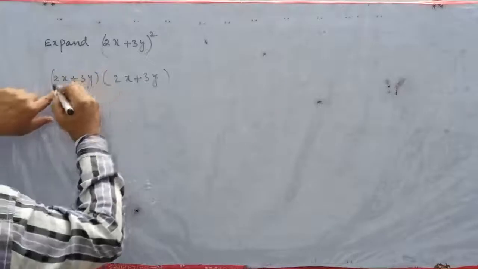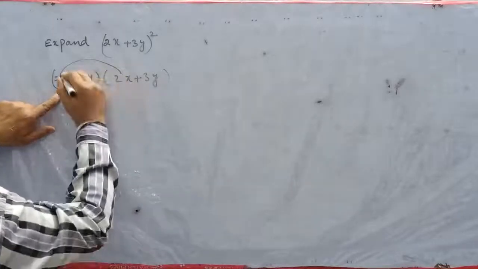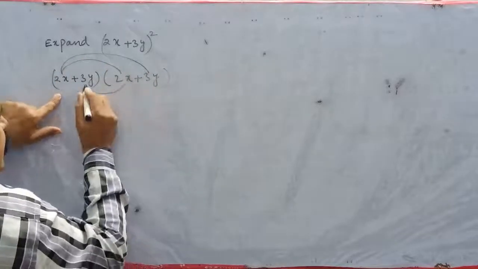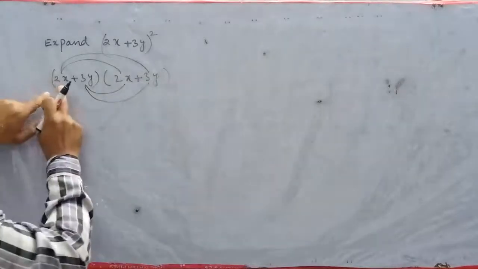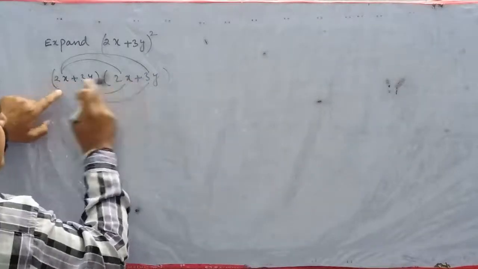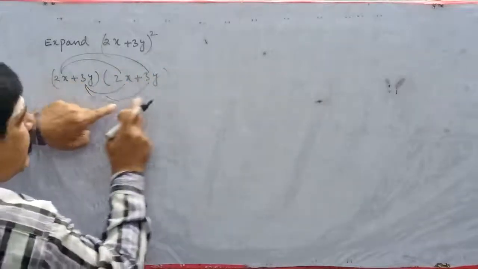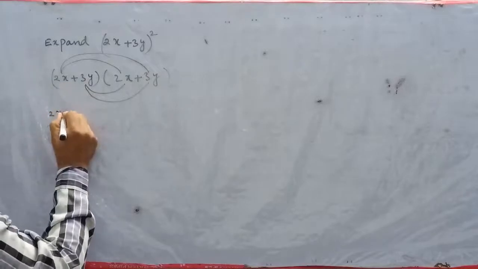Now you multiply like this: first term to first term, first term to second term, second term to first term, and second term to second term. Like this we can multiply. So that is 2x into 2x.